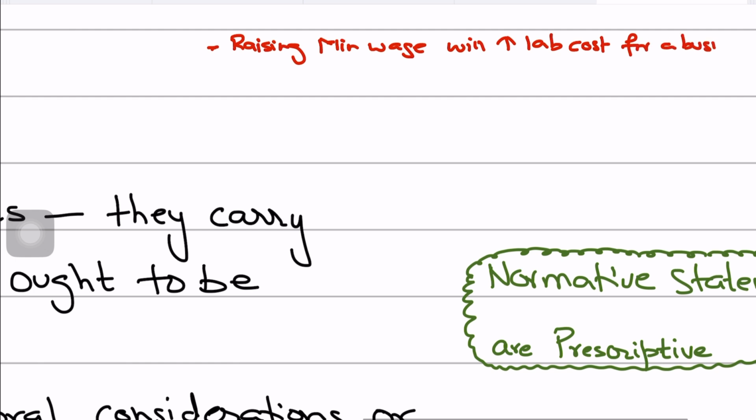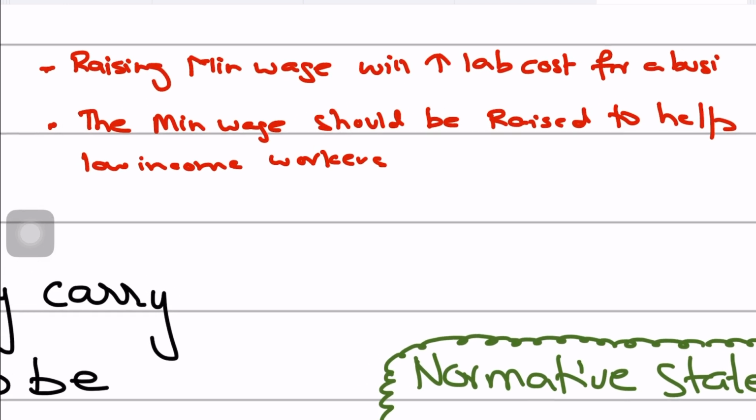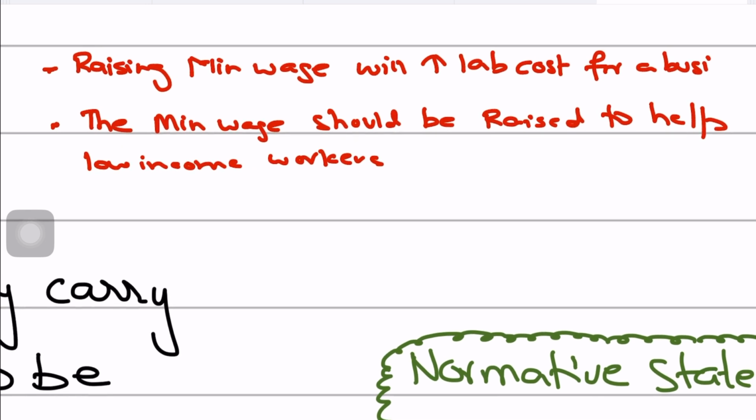So this is one statement, and the next statement is that the minimum wage should be raised to help low income workers, right? Now, we all know what minimum wages are in the economy. It reflects the minimum that we need to pay by law, right?